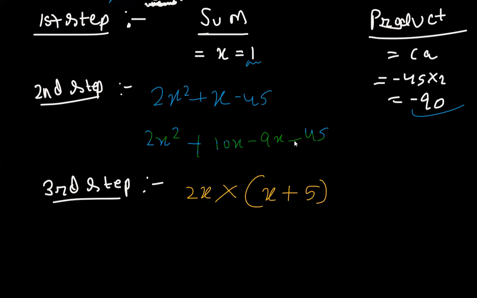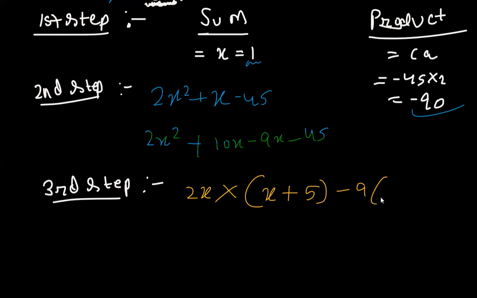Now what can be taken common from this one? We can take common minus 9. Why are we taking minus 9 common? So that we get a common factor.